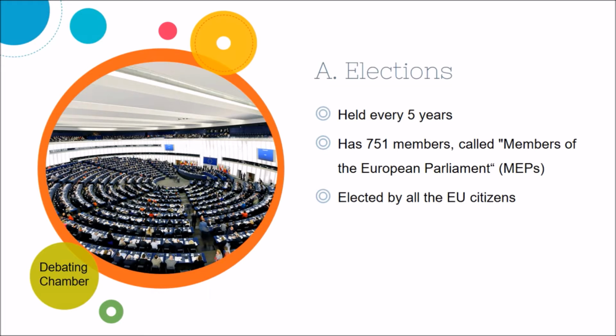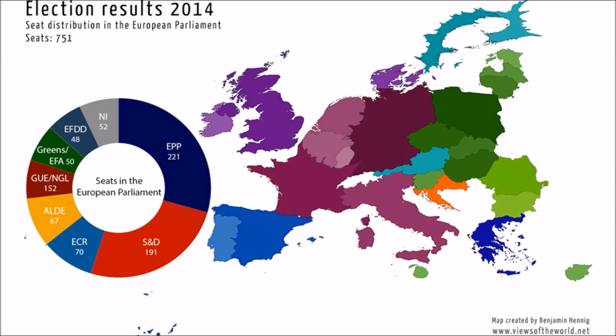Since 1999, European elections have been conducted on the basis of proportional representation across the whole of Europe. As in the election results in 2014, the European Parliament had 7 political groups, with the EPP, or European People's Party group, accounting for the largest proportion, with 221 seats.